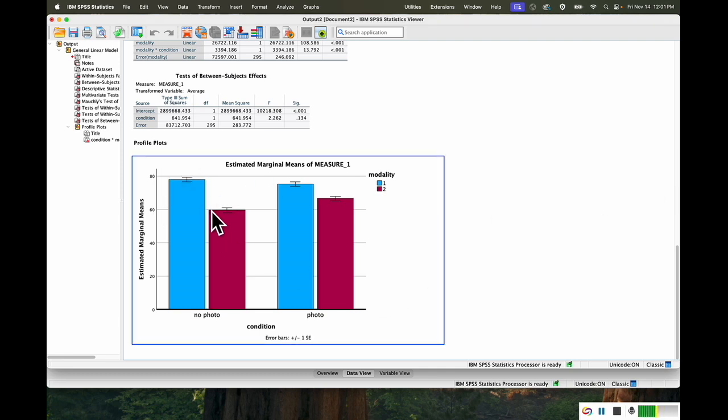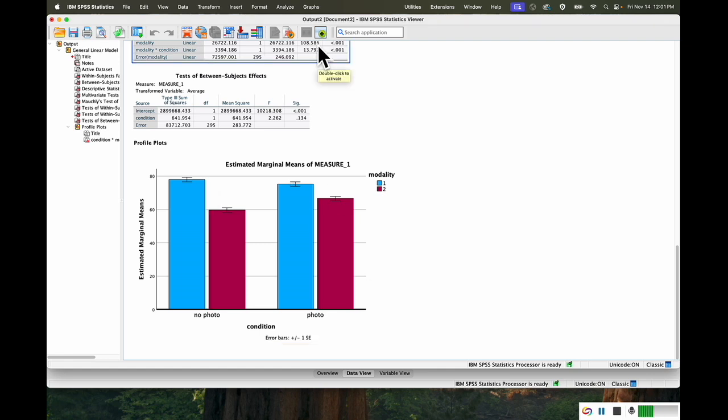We can see that when there's no photo, there appears to be a much bigger difference between the visual and the auditory modalities than if there's a photo. However, we can see in both conditions that there is likely a significant difference between visual and audio.